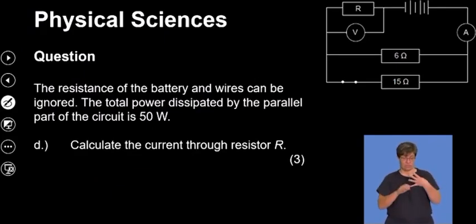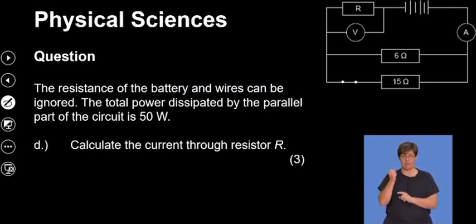Now, in the next question, they want us to determine the current passing through resistor R. So what do we know? We know that the total current passes through the two resistors, the 6 ohm and the 15 ohms, or rather the total current is split between those two.